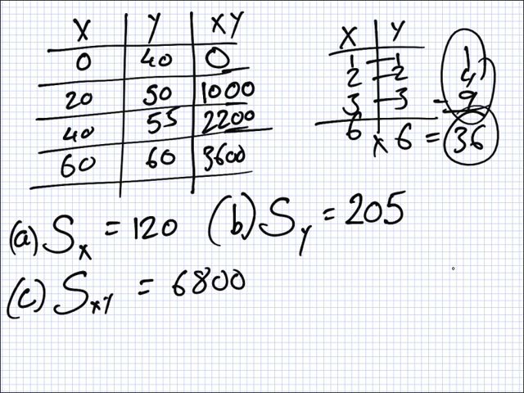If you multiply and add, you won't get the same answer as adding and then multiplying. So when I write SXY, which is it first? Multiply then add, or add then multiply? Multiply individually and then add.